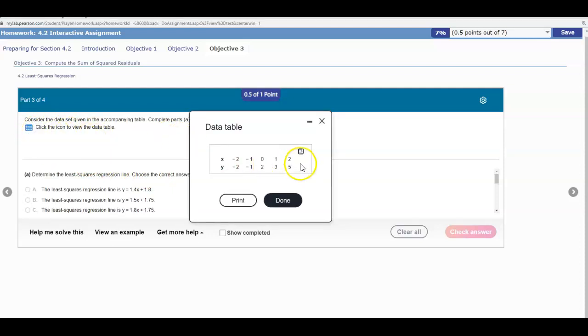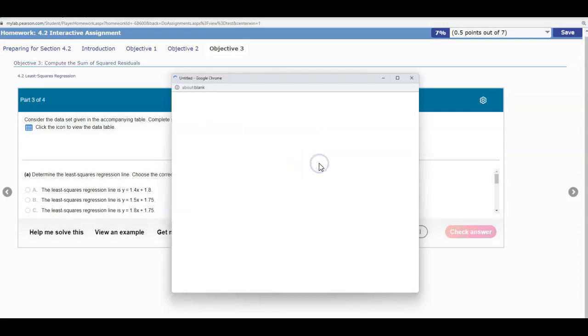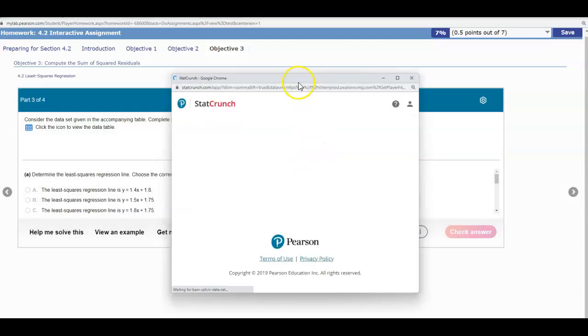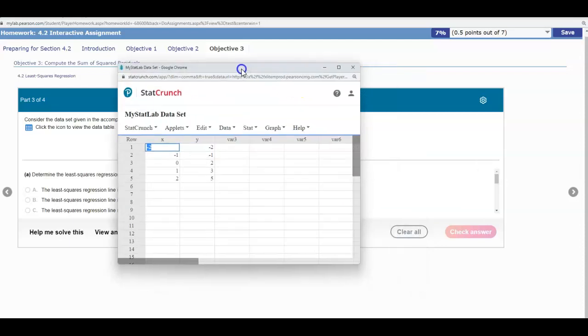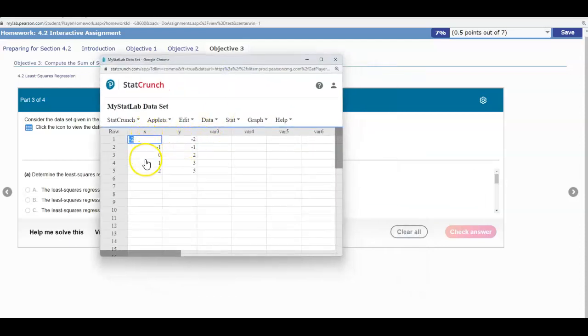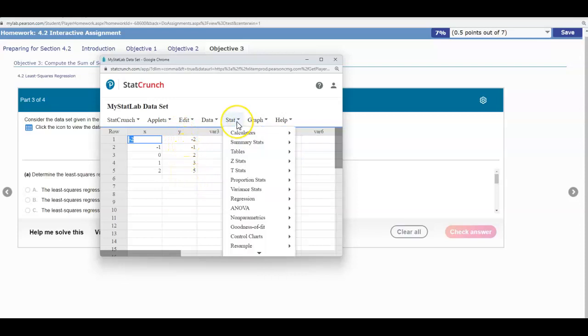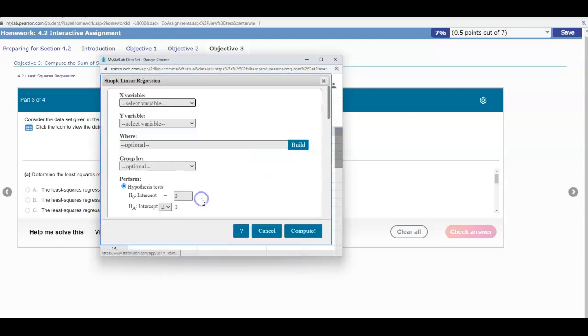So I'm going to go ahead and select the icon so I'm able to open this up in StatCrunch. Notice that the first column represents the X column, and the second column is the Y column. I'm going to go to Stat, then Regression, and select Simple Linear.